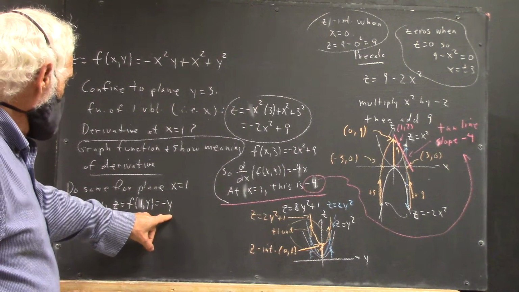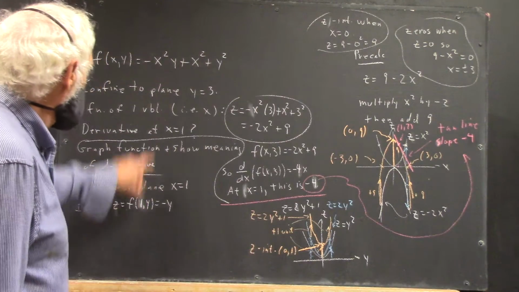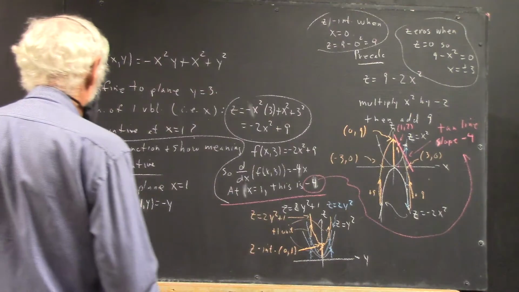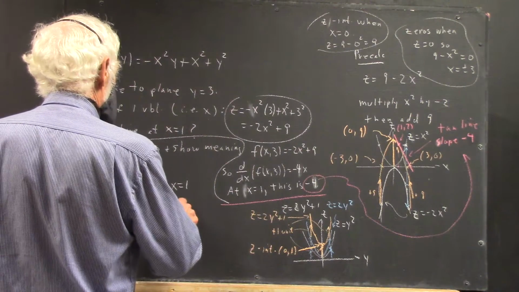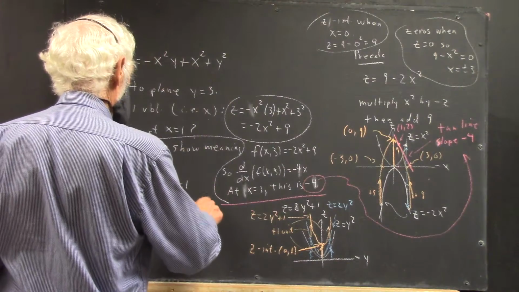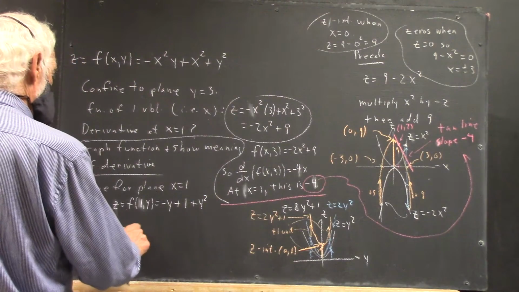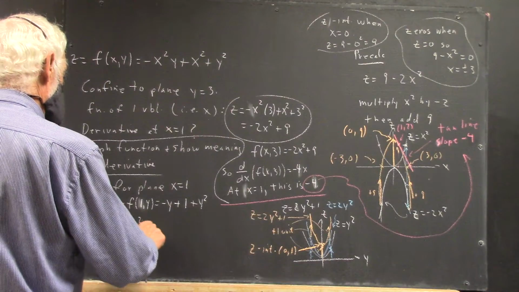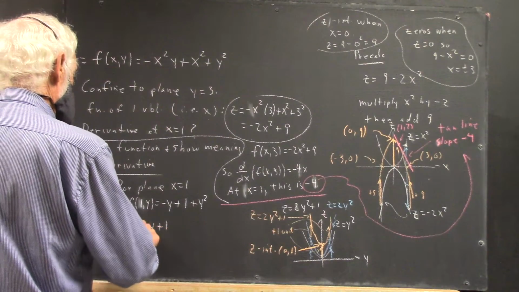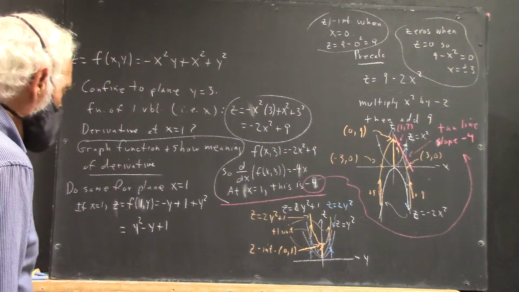Okay, anyhow, z equals this. Okay, if x is 1, you're going to get a negative y plus 1, because 1 squared is 1, plus y squared. And that's y squared minus y plus 1.